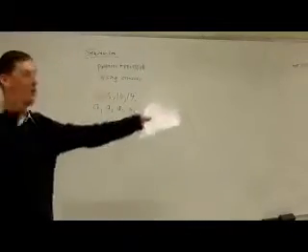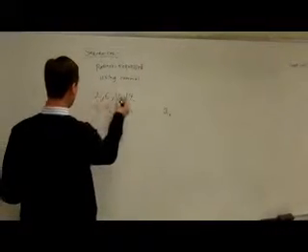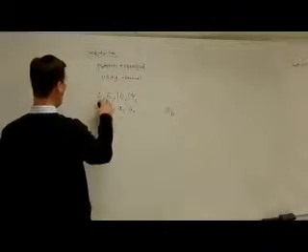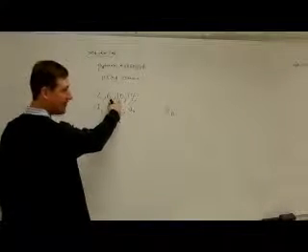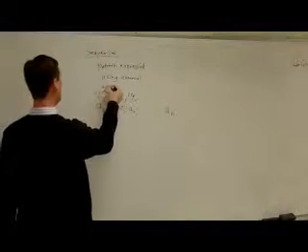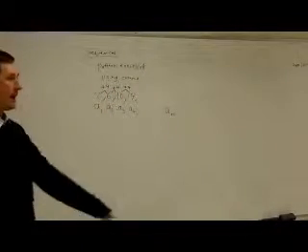Now let's look for a pattern here. Look how I got from 2 to 6. I'm going to multiply by 3, but you'll find out very quickly that's not going to be the pattern. Plus 4, plus 4, plus 4 again. So we're adding by 4.